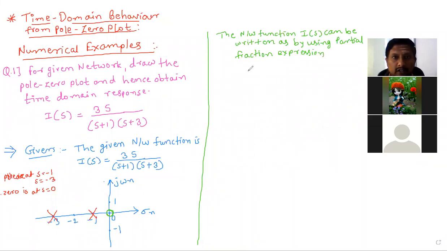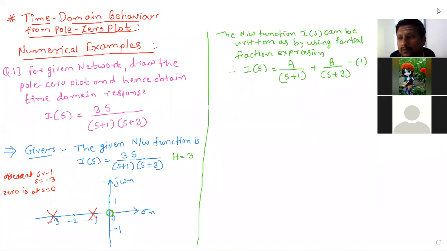So you can write I of s is equal to a by s plus 1 plus b by s plus 3. Here you can note down that in the given function the value of capital H is 3. Okay, that is needed. This we can consider as equation number 1.